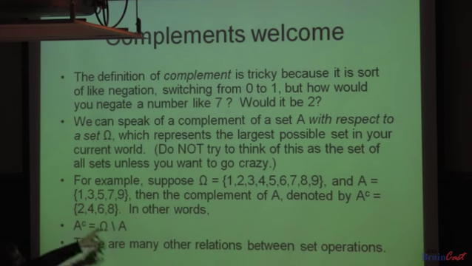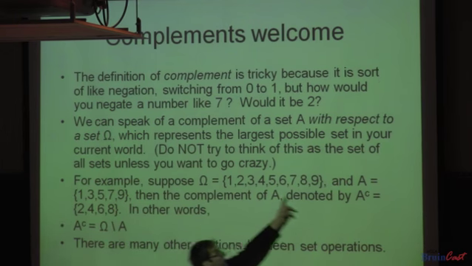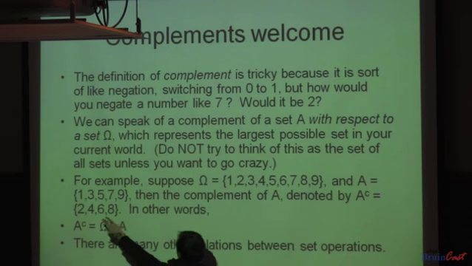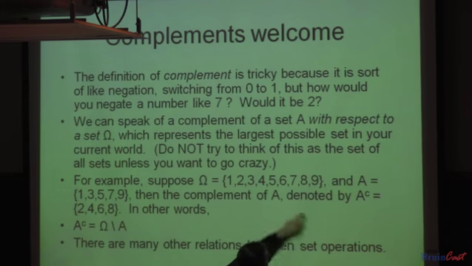We denote this by A to the power of little c. So if you have a larger space denoted by omega, which is the numbers 1 through 9, and A is 1, 3, 5, 7, 9, the odd numbers, then the complement is just the even numbers, which are strictly less than 10. So it has to be complemented with respect to an explicitly defined larger set.